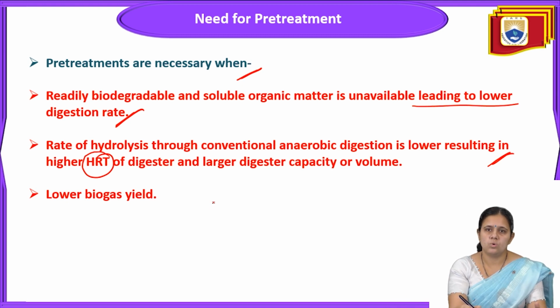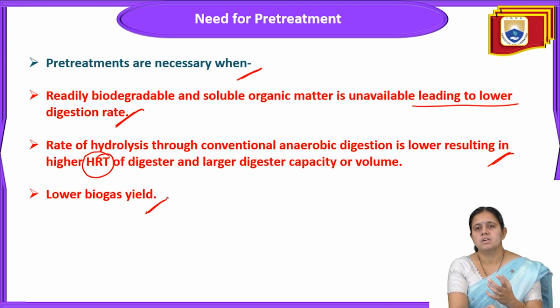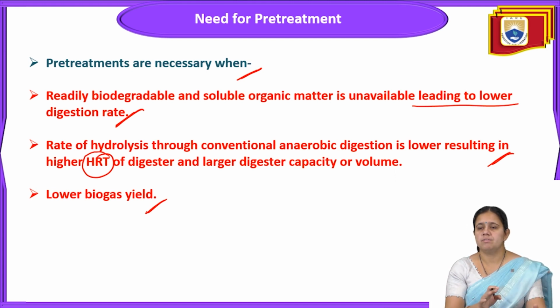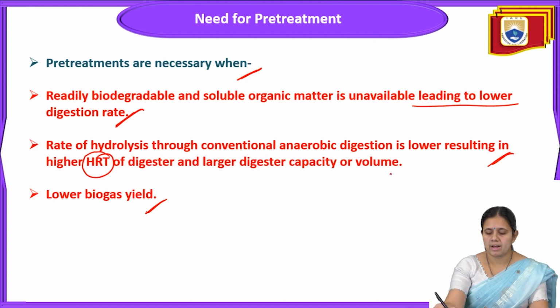And next is the lower biogas yield. So these are the points that make this pre-treatment necessary. Pre-treatment is necessary because the readily biodegradable solid organic matter is unavailable, and if it is not available, it will lead toward a lower digestion rate. Next is the rate of hydrolysis.